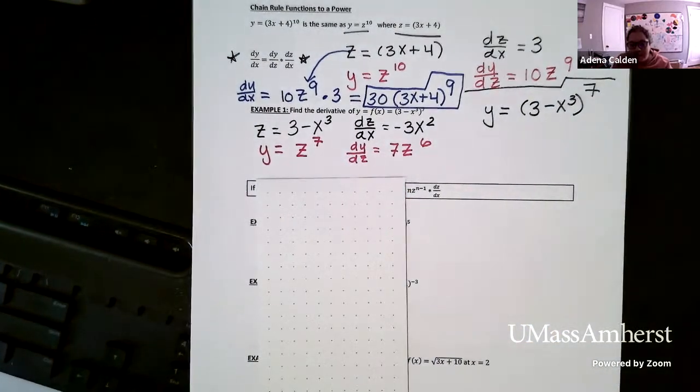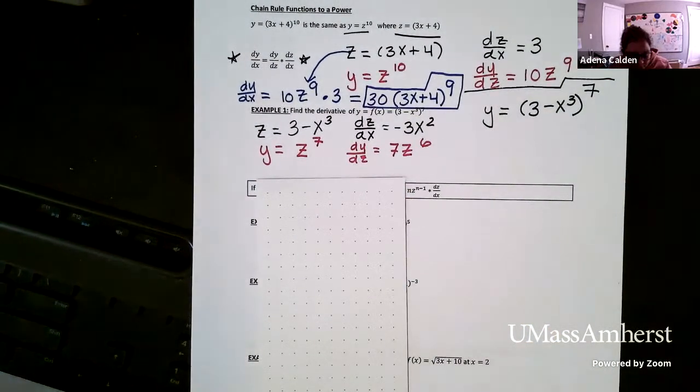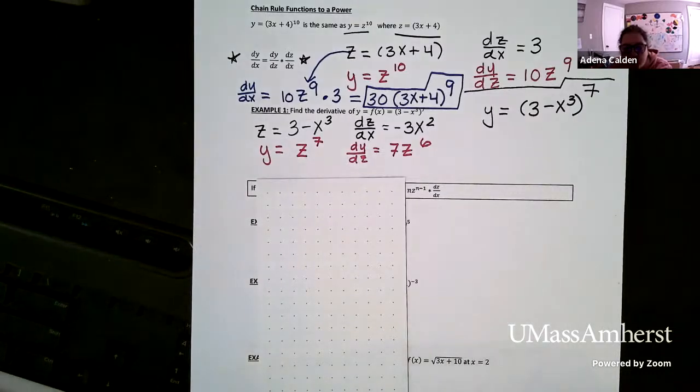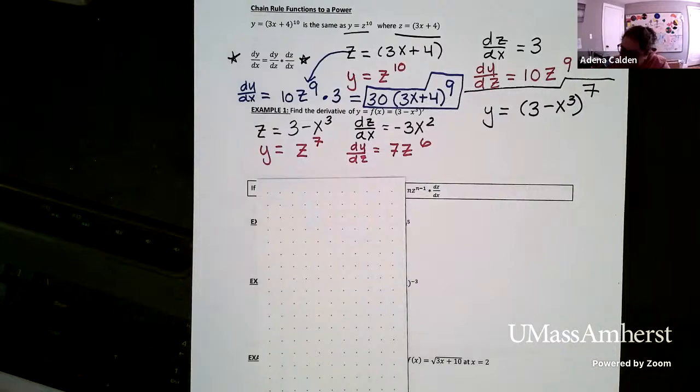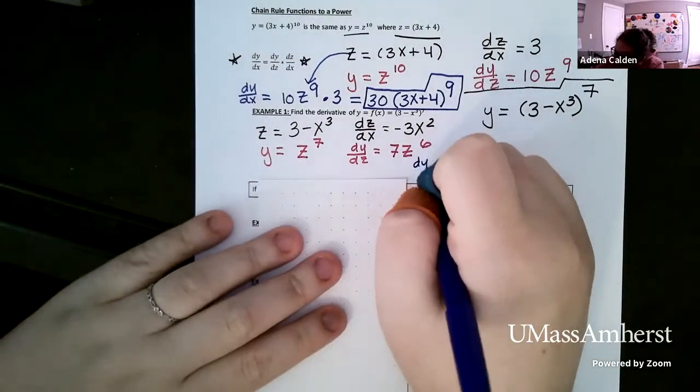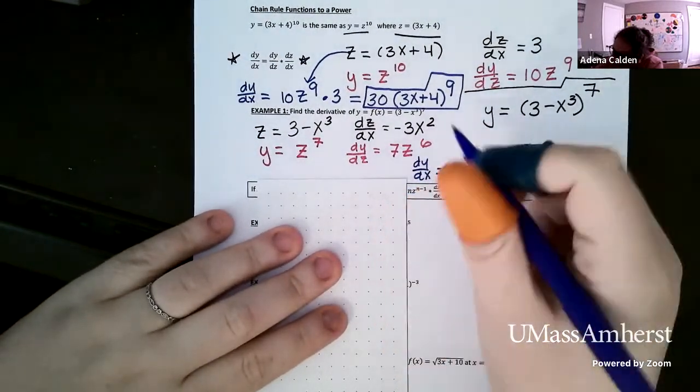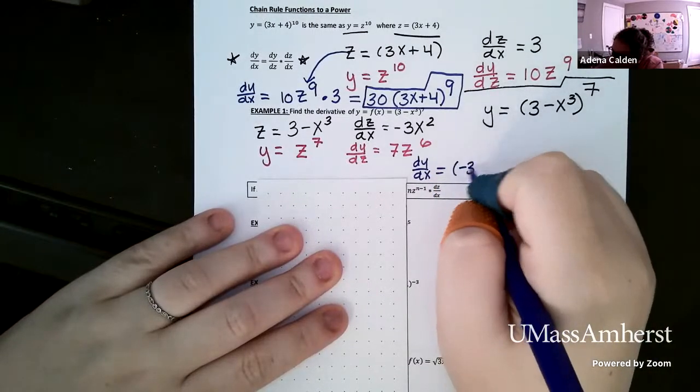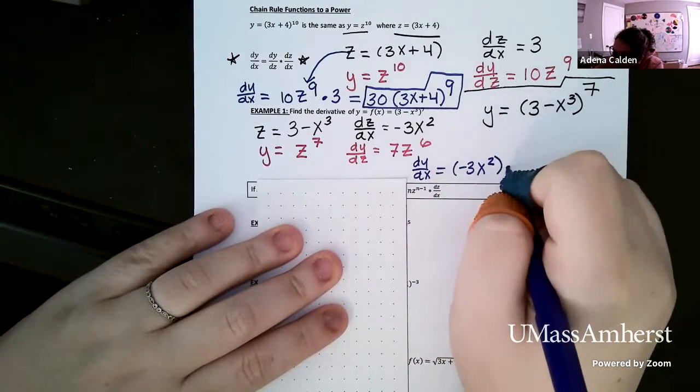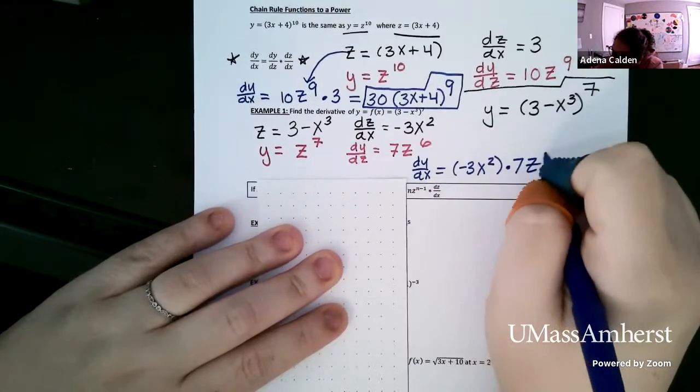So 7z to the 6th. Now we need to multiply these two things together to get the derivative we want, which is dy dx. So dy dx is going to equal negative 3x squared times 7z to the 6th.